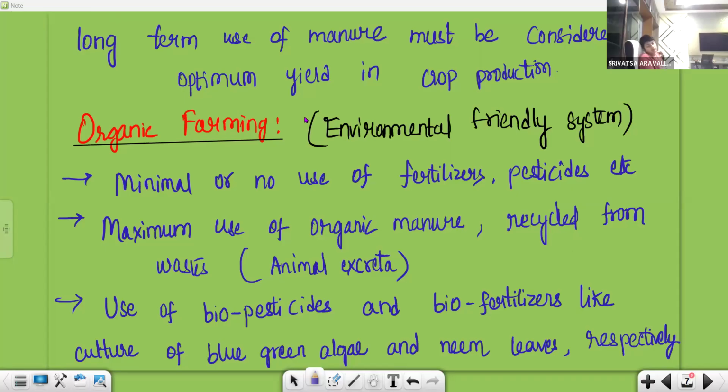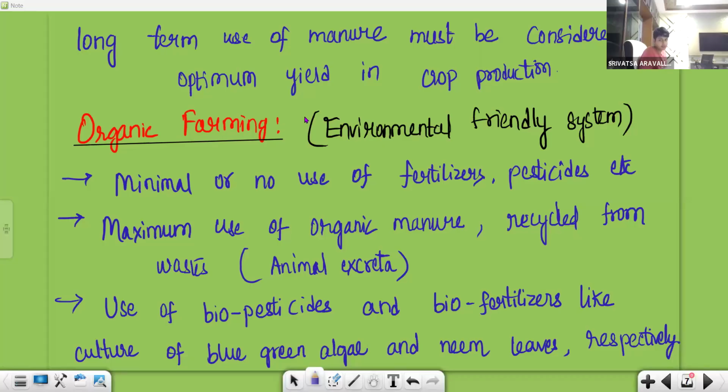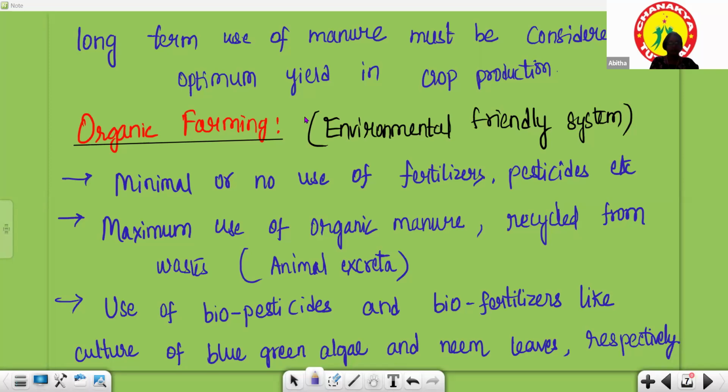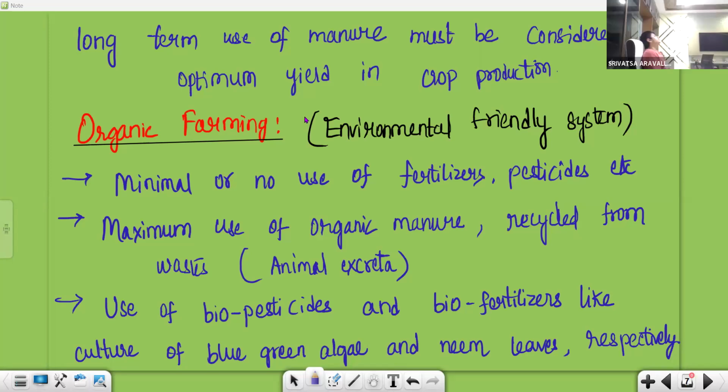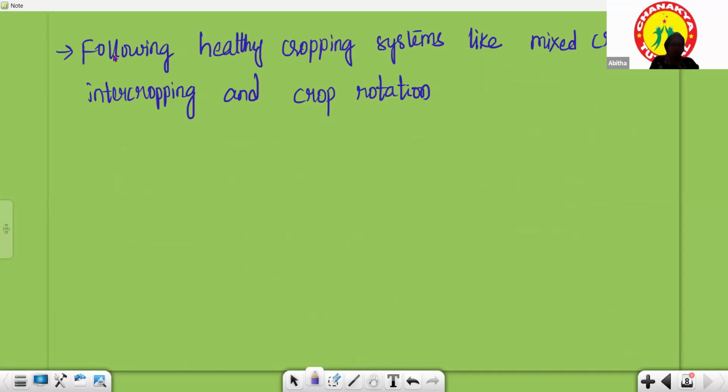Next, use of biopesticides and biofertilizers like culture of blue-green algae and neem leaves. Next, following healthy cropping systems: mixed cropping, intercropping, and crop rotation.